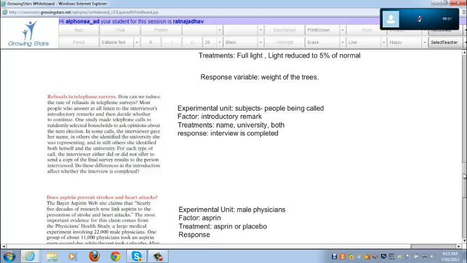Response is the number of heart attacks. And we try to draw a diagram like I did.